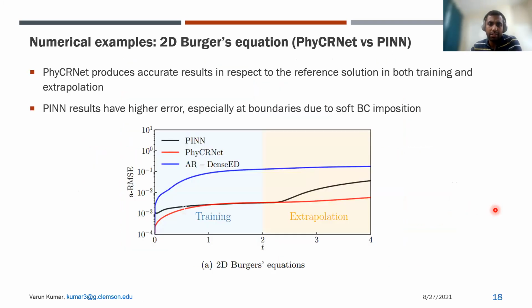So the basic conclusion from this particular example was that PhyCRNet produces accurate results with respect to the reference solution in both training and extrapolation phase.